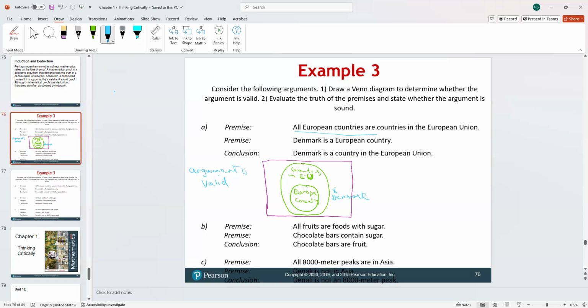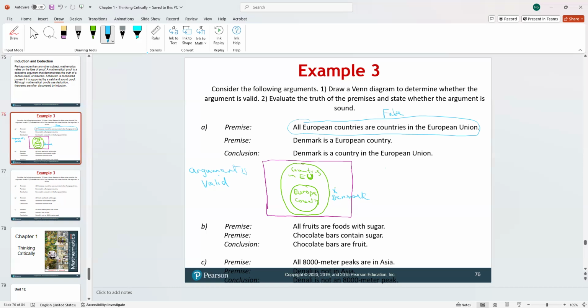That's false because we have so many European countries that are not in the European Union. Remember what's currently happening in Ukraine. Ukraine is in Europe, but not in the European Union. So the argument is valid, but the argument is not sound.